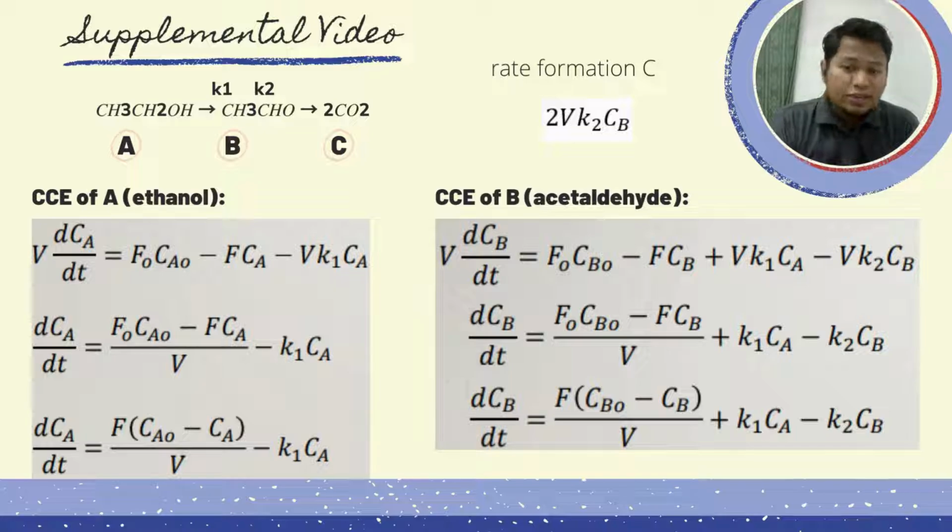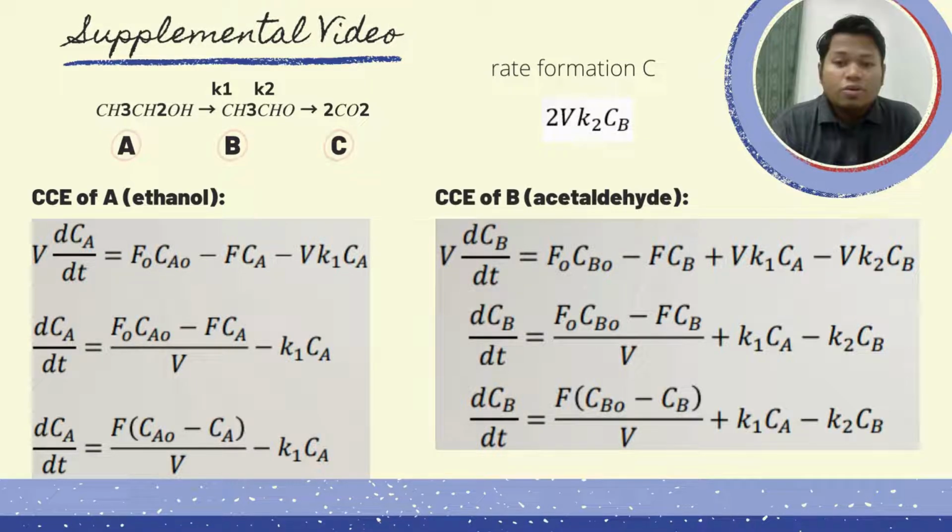For our CCE, like I said, we can label ethanol as component A, acetaldehyde as component B, and carbon dioxide as component C. For CCE on A, the rate of formation is written as negative V K1 CA, where for reaction K1, component A is acting as the reactant.